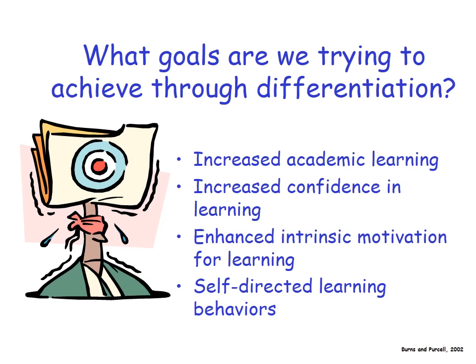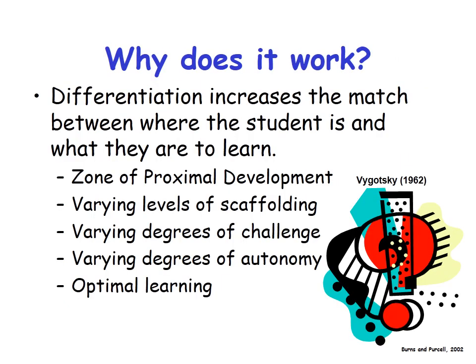So why does it work? Differentiation increases the match between what the student is and what they are to learn. How? Zone of proximal development, varying levels of scaffolding, varying degrees of challenge, varying degrees of autonomy, optimal learning.